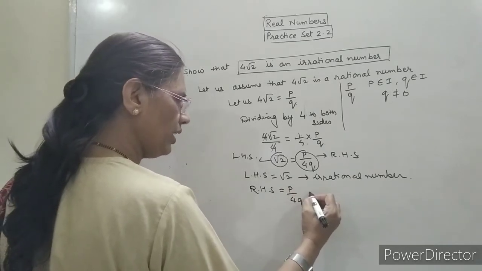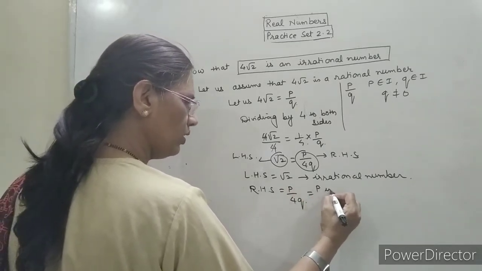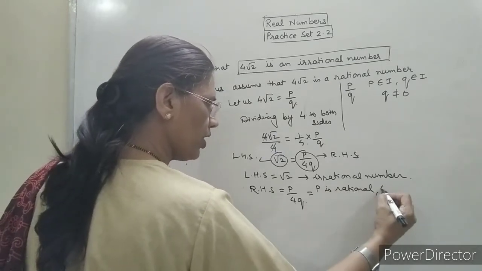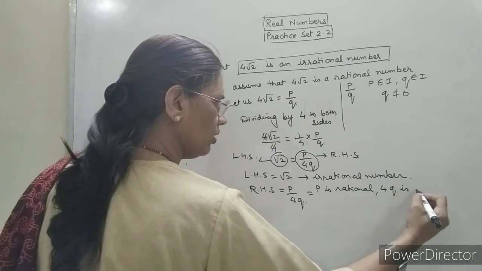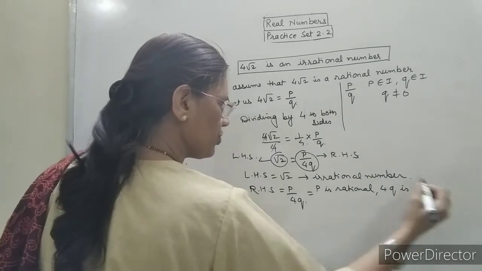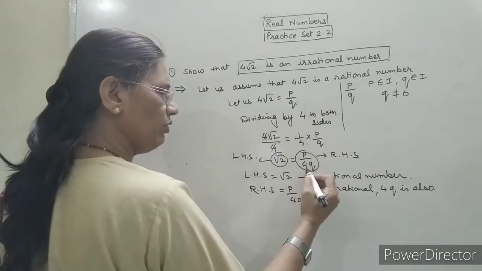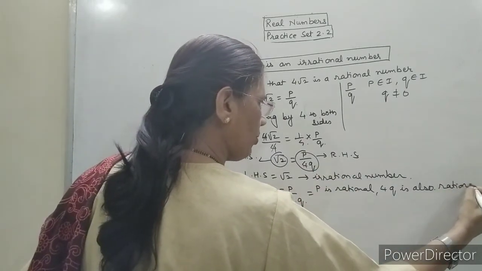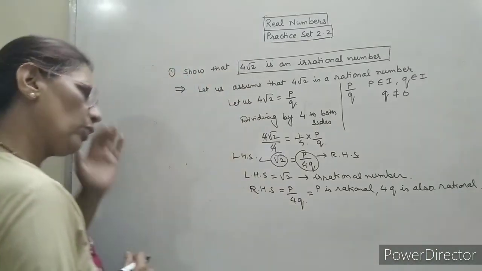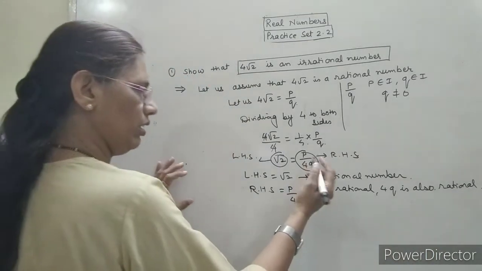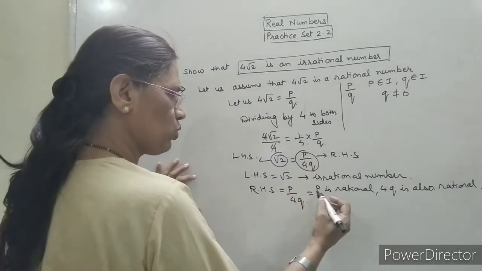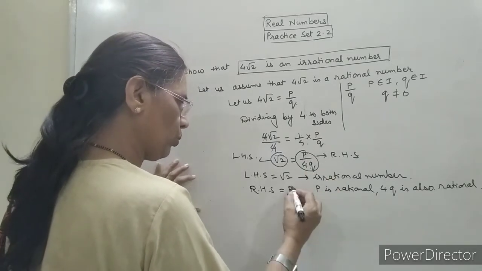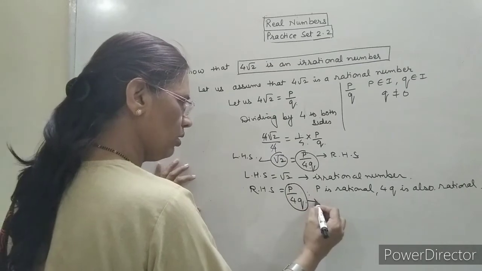Now we know that P is rational and 4Q is also rational. Since 4 is rational and Q is rational, we can say 4Q is rational, because we have seen in the beginning that the product of two rational is rational and the division of two rational is also rational. Since P is rational and 4Q is rational, therefore P upon 4Q is also rational.